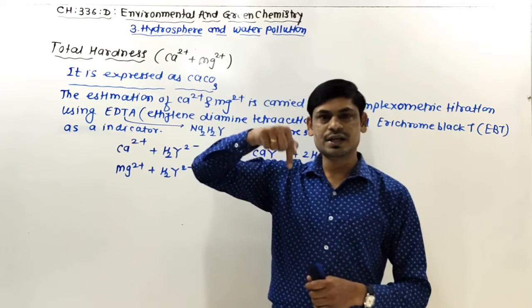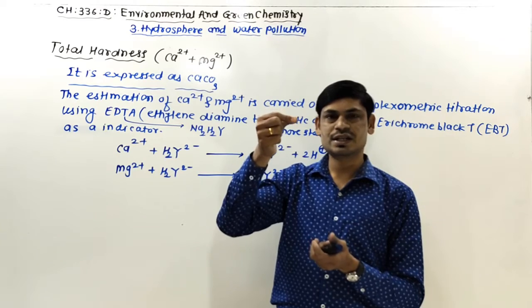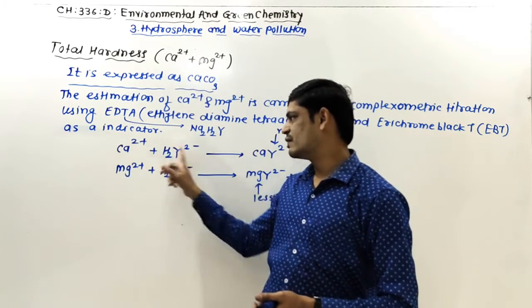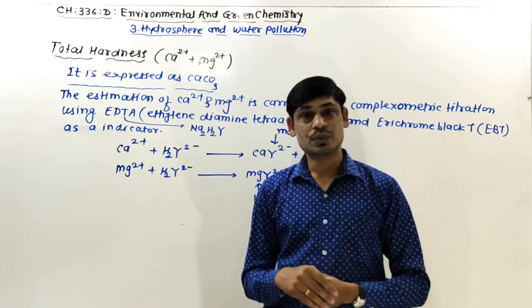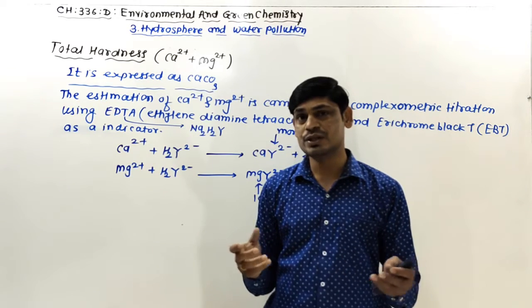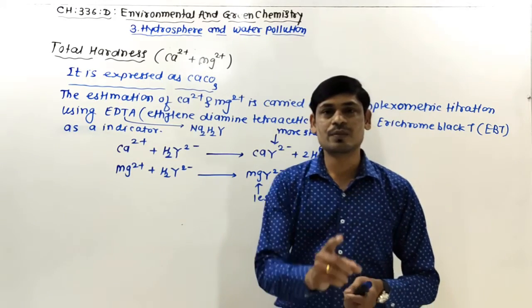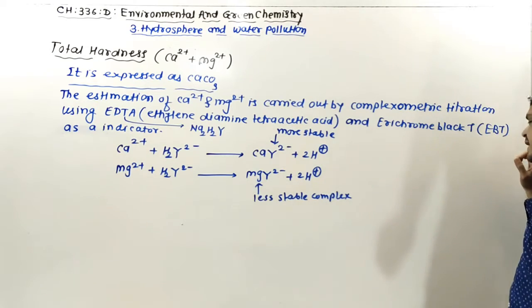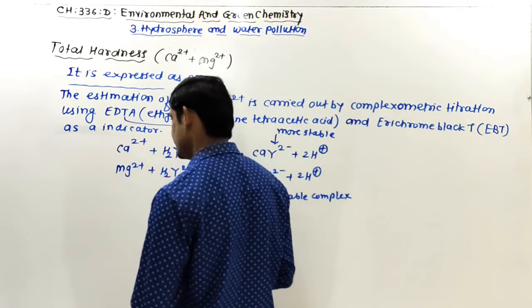Now obviously during the complexometric titration, we are adding EDTA into the water sample. Once the EDTA is dropped into the solution, it forms a complex with calcium first and then with the magnesium. But once the total Ca2+ and Mg2+ ions in the solution are finished, the excess EDTA added will interact with the indicator, that is the Eriochrome Black T indicator.